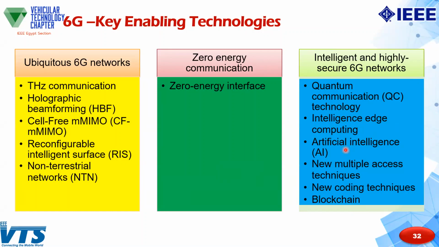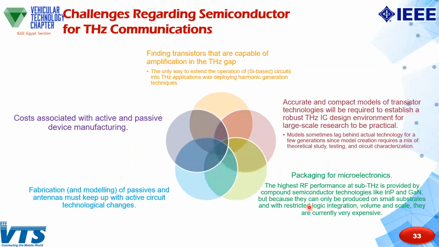Maybe by deploying some sort of blockchain algorithms in order to identify your registered customers to use your network, and on the other hand, you can trust them and send to them the calculation that needs to be done by their processors, and then you achieve a cost-effective solution and lower energy consumption. Challenges regarding the semiconductor in terahertz.